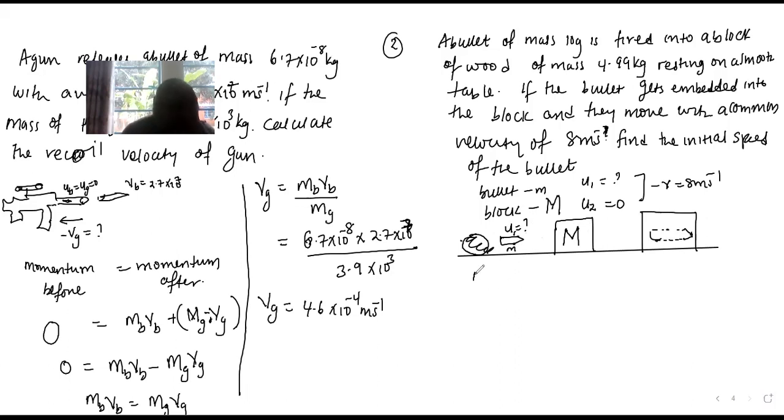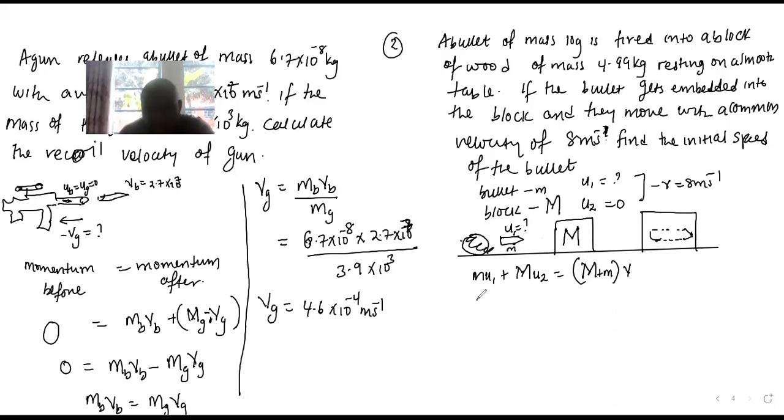So the momentum before is small m U1 plus capital M U2, which is equal to, when they collide and get stuck, small m plus capital M times the common velocity. U1 is what we are looking for.